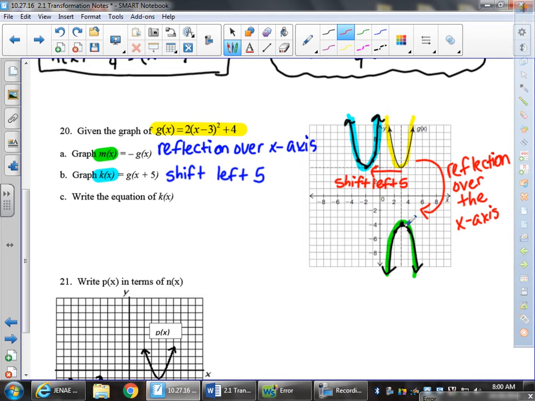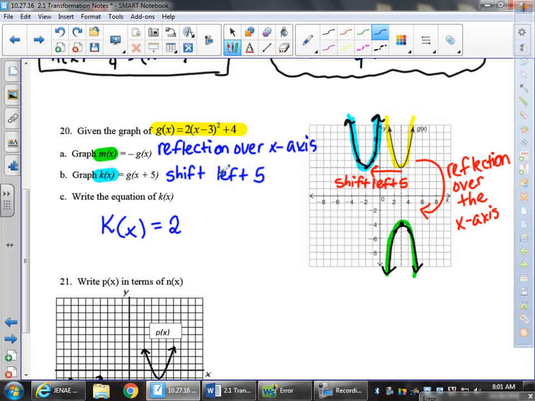Part C says, write the equation of k. So we're being asked for not k in terms of g, just a straight out function for k. What would that look like? k of x equals 2.